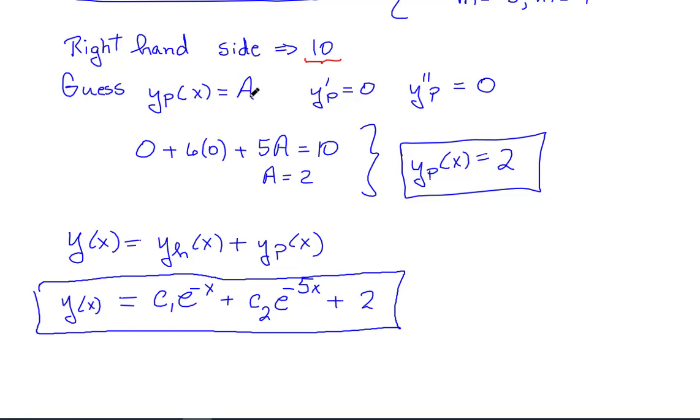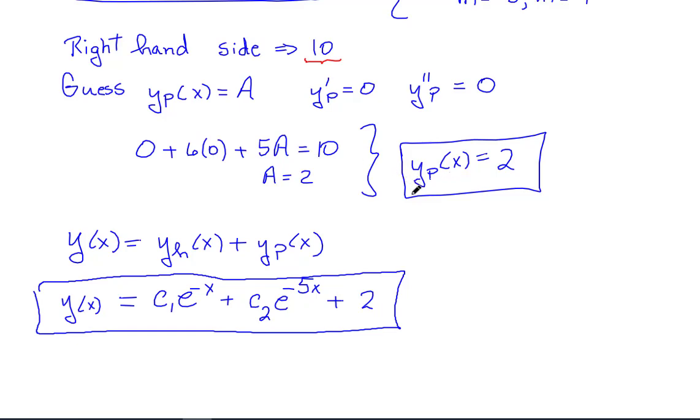Well, let's see if I did that. The first derivative is 0. Second derivative is also 0. Plug that into my non-homogeneous problem. So 0 plus 6 times 0 plus 5a, that was our guess, equals 10. And so that says that a is 2.